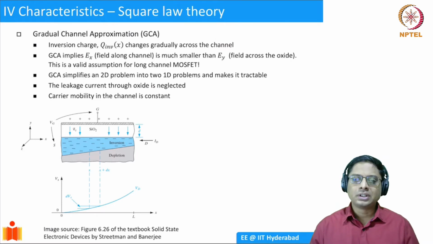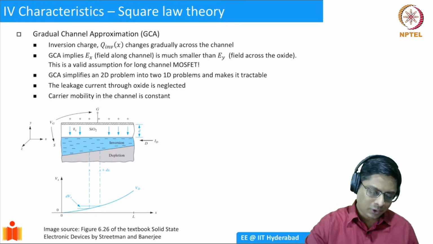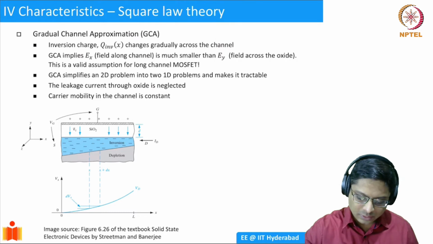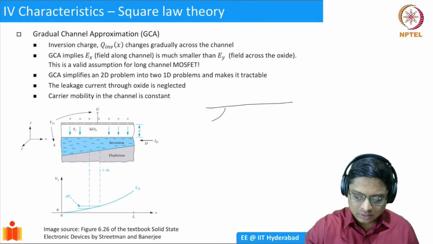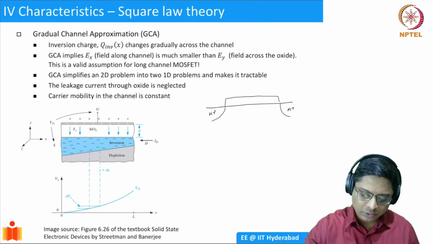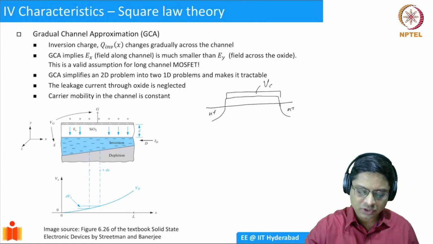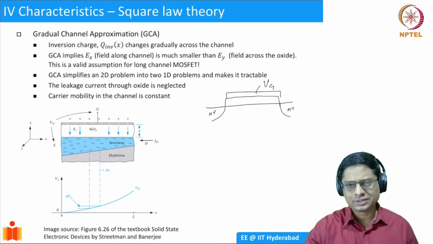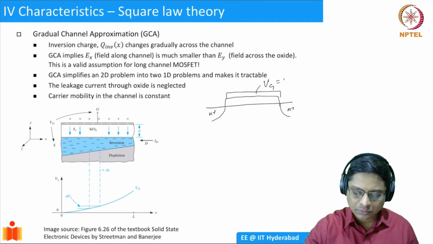So what we are saying is, if you have a MOSFET, let's say you have the source and the drain, and then you have an oxide on top, and now this is the gate. Let's say VG you are applying is equal to 1 volt.